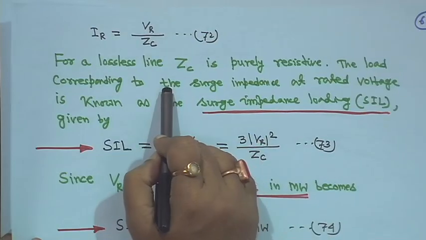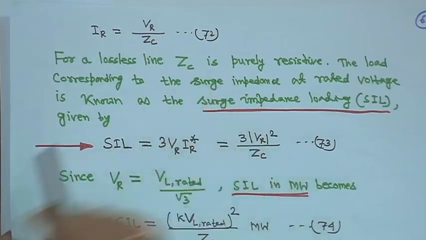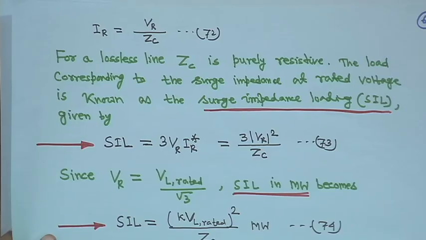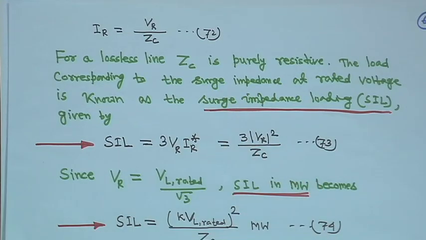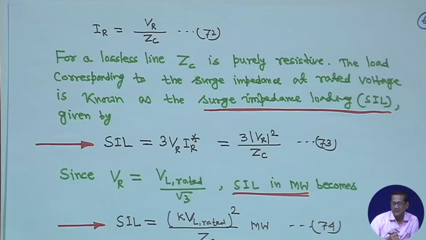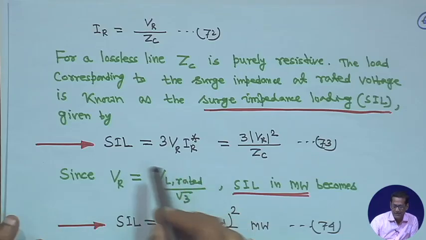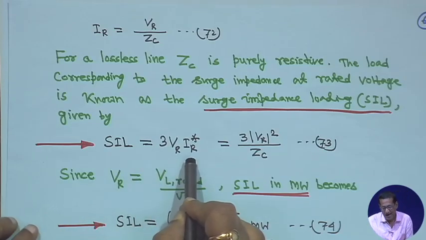Now, for a lossless line, Z_C is purely resistive, because we have seen Z_C is equal to root over L by C. So, the load corresponding to the surge impedance at rated voltage is known as the surge impedance loading, that is SIL, and is given by SIL is equal to 3 V_R I_R conjugate.